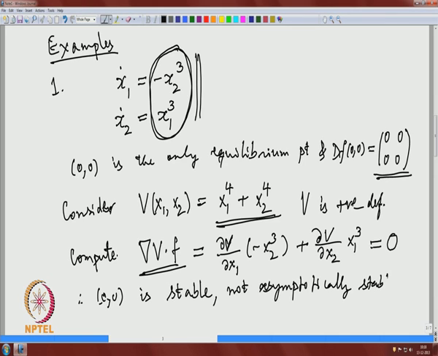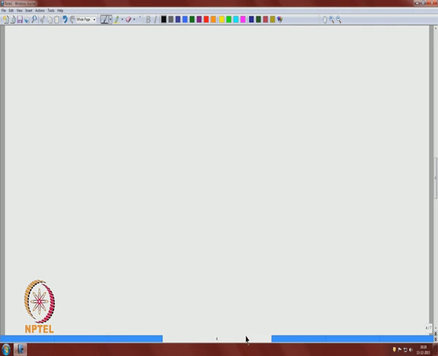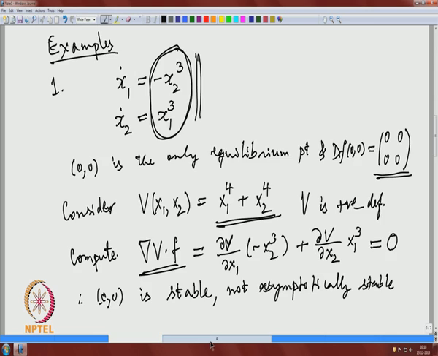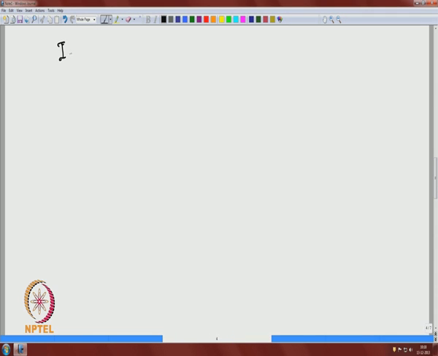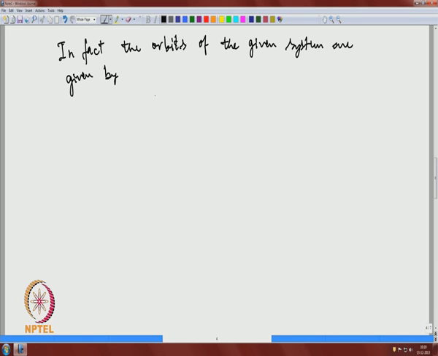In fact, this analysis tells us that the orbits of the given system are given by x1 to the 4 plus x2 to the 4 equals a constant.